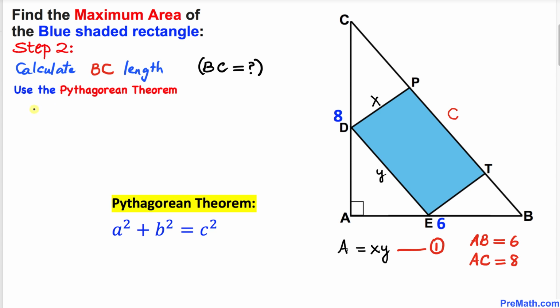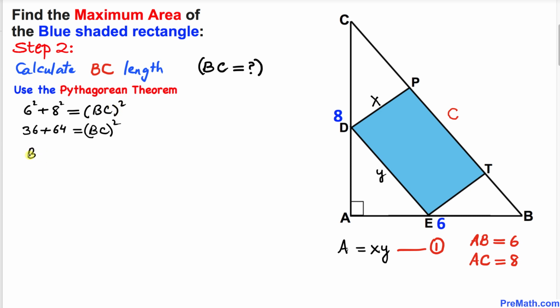So this is going to be 6 square plus 8 square equals BC square. So therefore our BC square is going to be equal to 36 plus 64, which gives us 100.